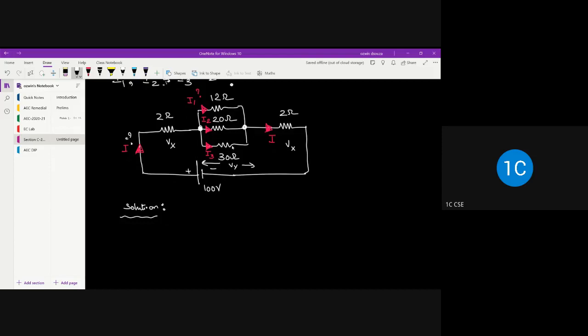So this particular problem can be solved using 2 approaches. The first approach is current division rule. The second approach is to find the voltage across the 2 ohm as well as the parallel combination.